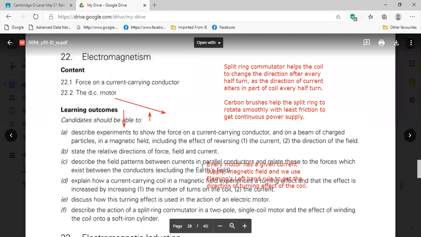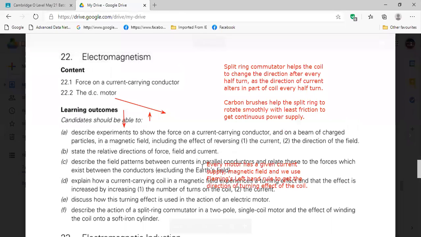Can you read again? E and F. Discuss how this turning effect is used in the action of electric motor. Describe the action of a split ring commutator in a two-pole single coil motor and the effect of winding the coil onto a soft iron cylinder.